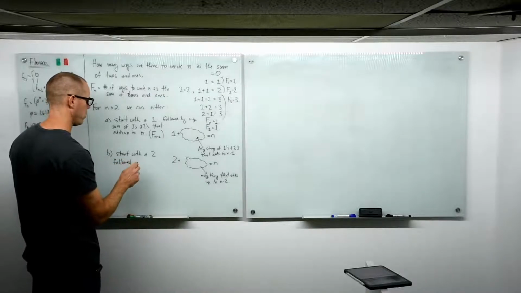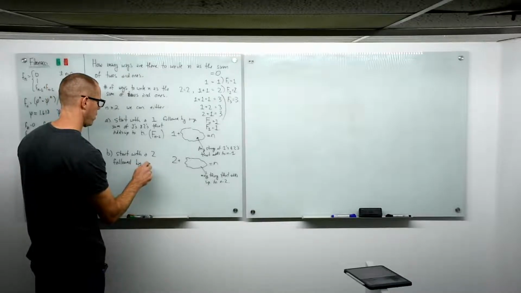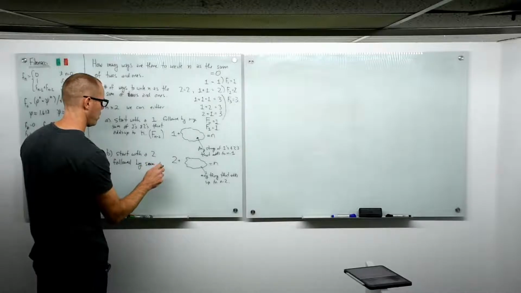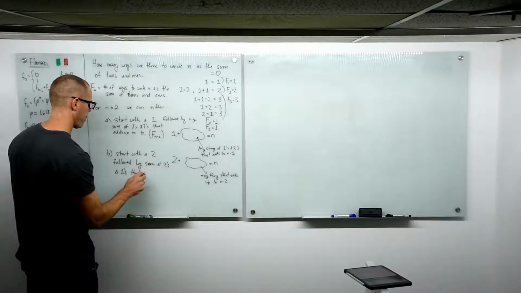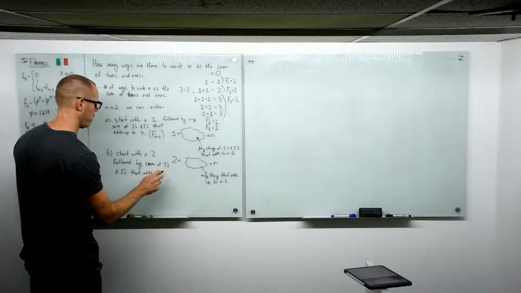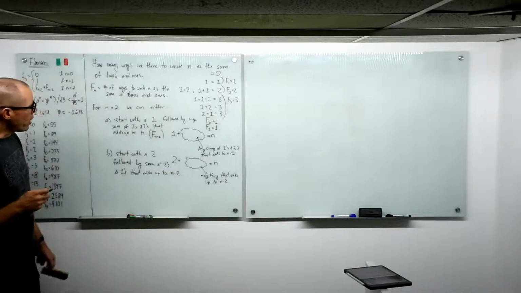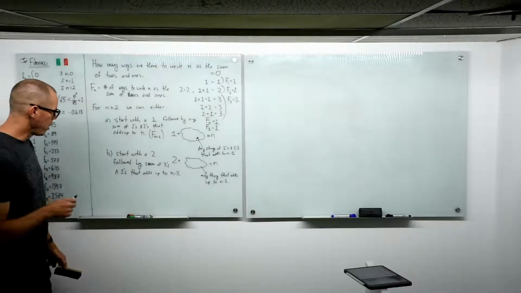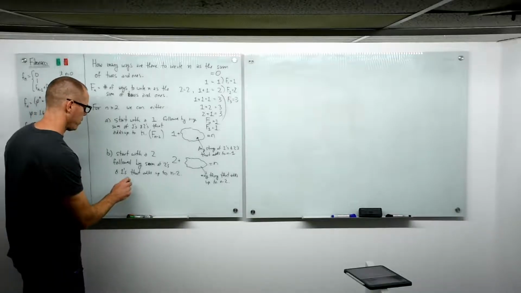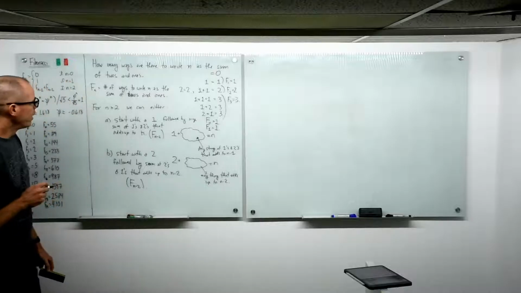It's f of n minus 2. So the number of strings of 1s and 2s that add up to n minus 2, that's f of n minus 2.